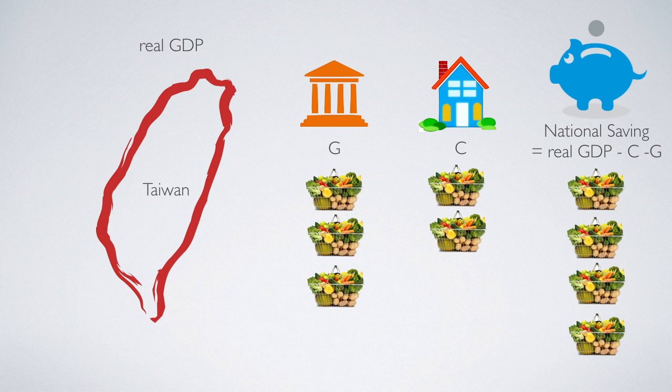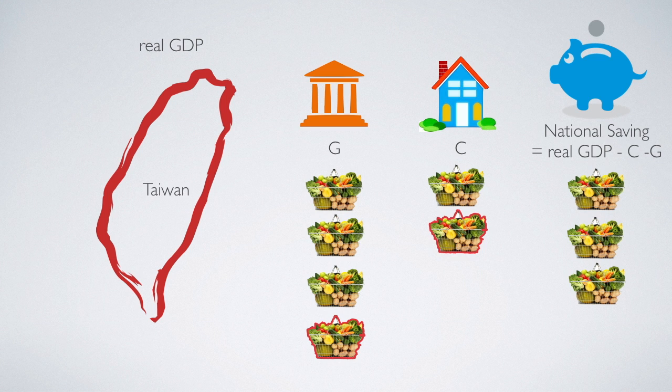Now, if government decides to take away one more basket from saving for its own purchase needs, then if consumption does not change at all, national saving would drop by one basket, which means that investment, which is equal to saving, has to drop by one basket. But with the income effect created by government purchase increase, consumption will change, it will decrease.